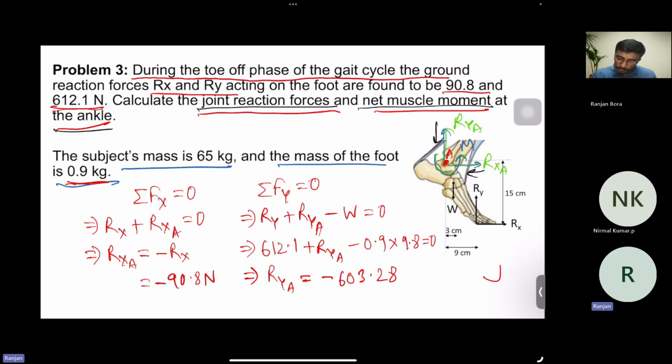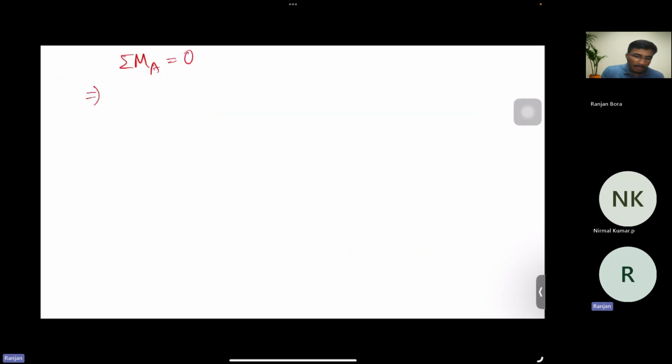We'll write the moment about the ankle joint is 0, and here we'll take the anti-clockwise direction as positive. The muscle moment, we are assuming, will act in the anti-clockwise direction, which is given by M.